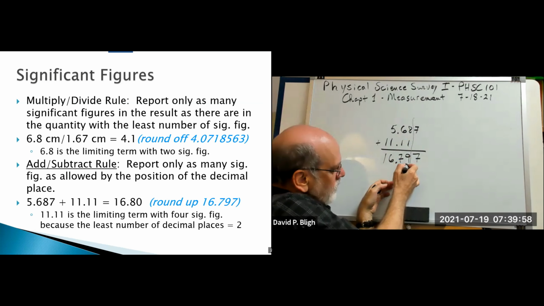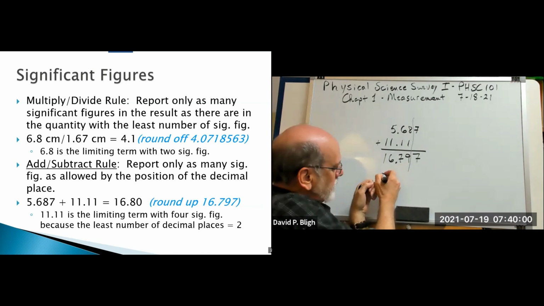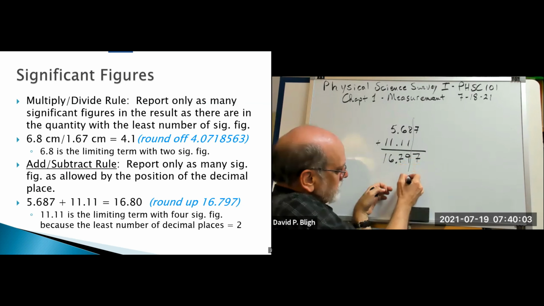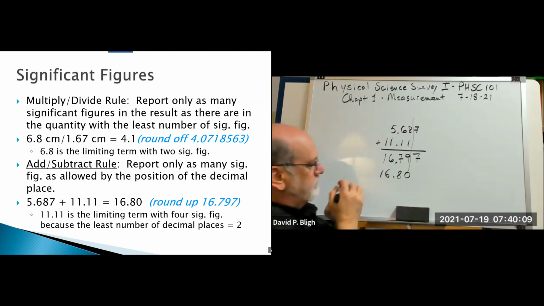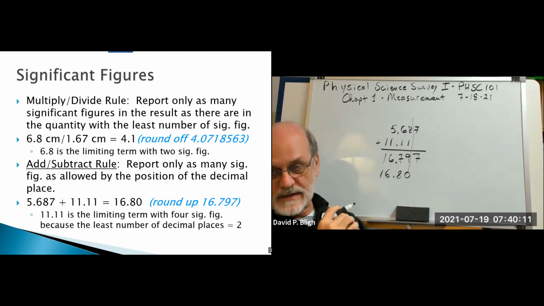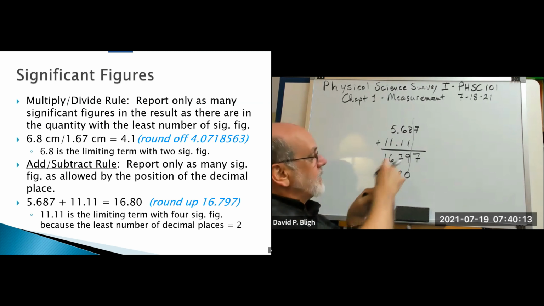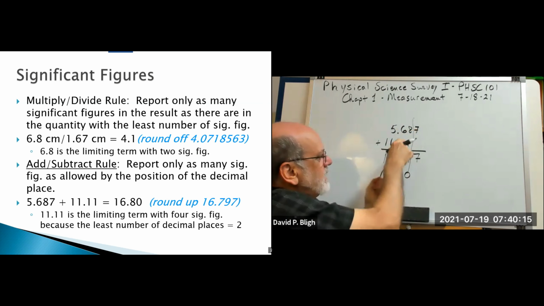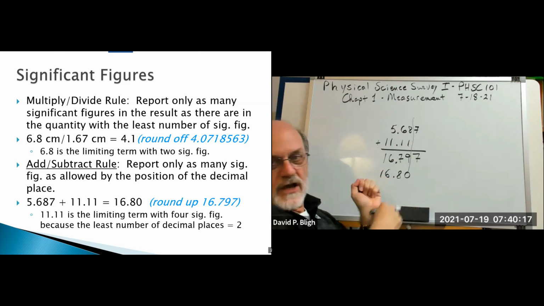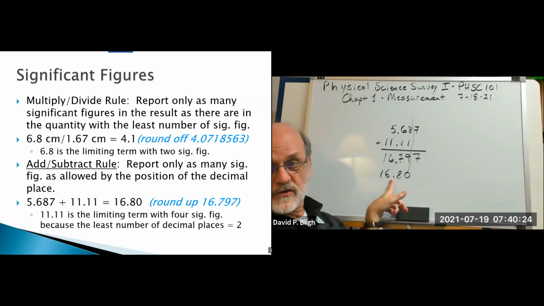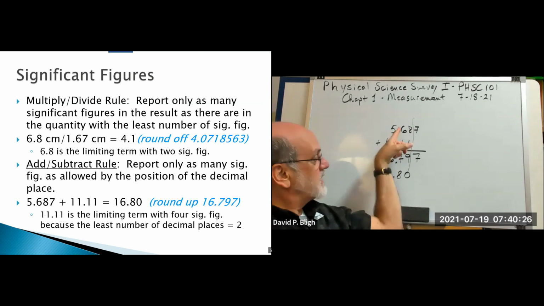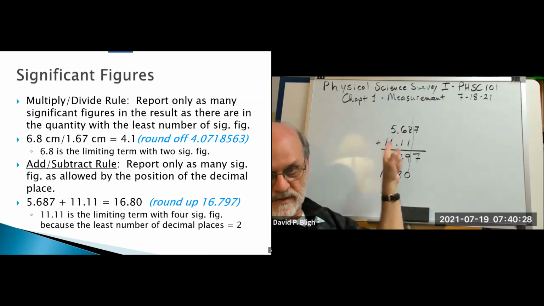That means you have to round this one up from that one. So this one makes that one 10 added to this one there. 16.80. Right? So that had 4 significant figures. This one had 4. The answer has 4, which is entirely coincidental. This number of significant figures is not based upon these. It's based upon their decimal position.